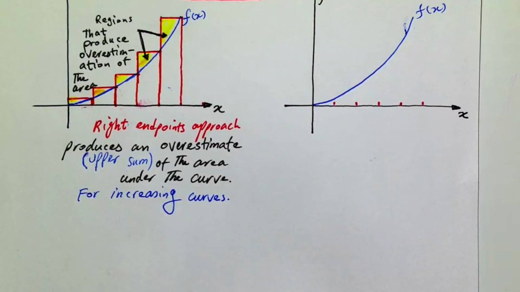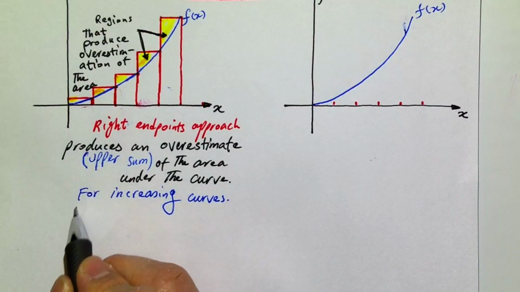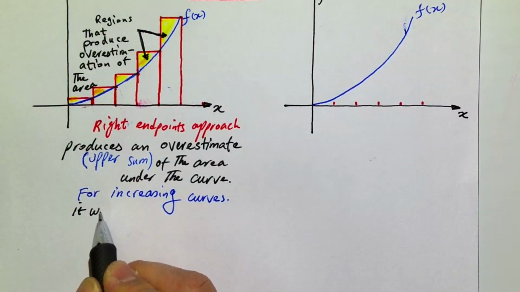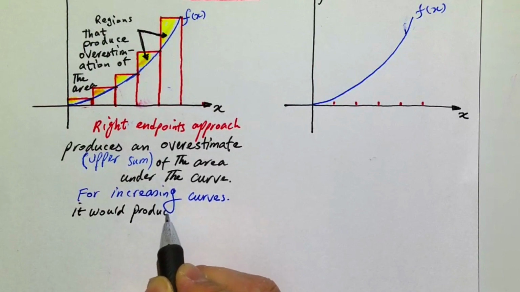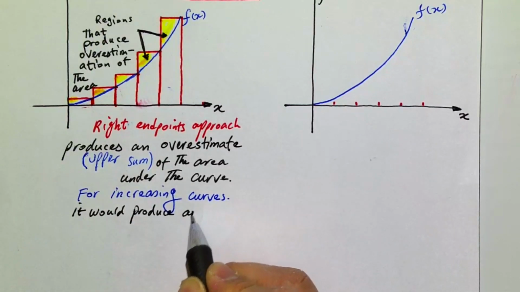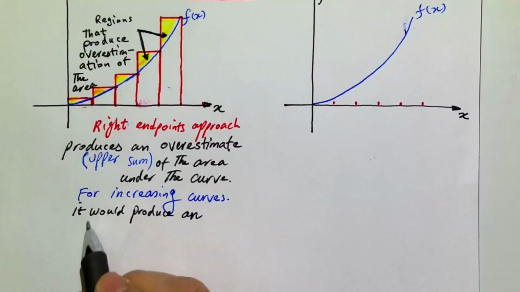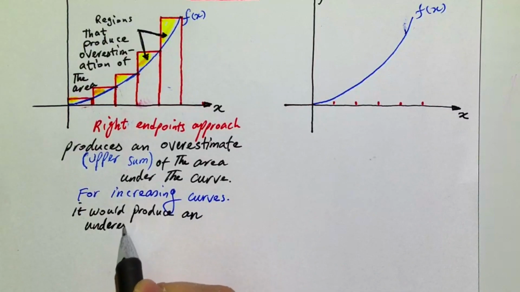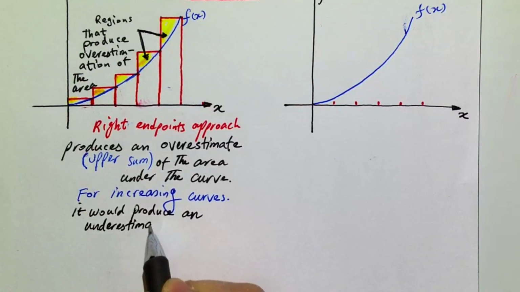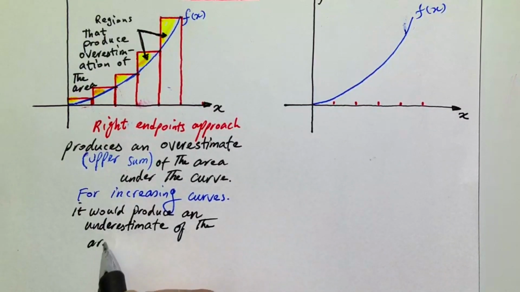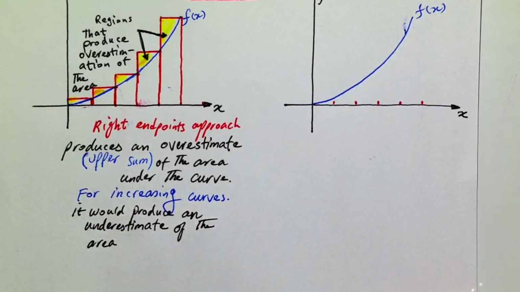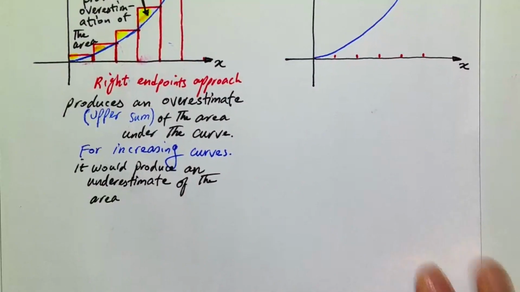Okay. And I want to add it would produce an underestimate of the area if we had a decreasing curve.